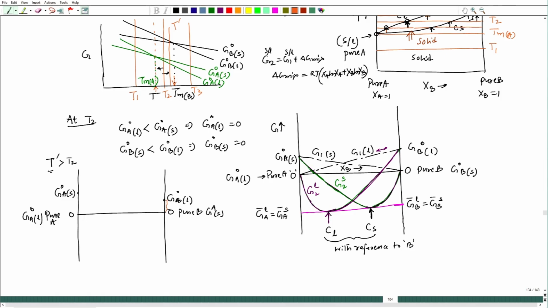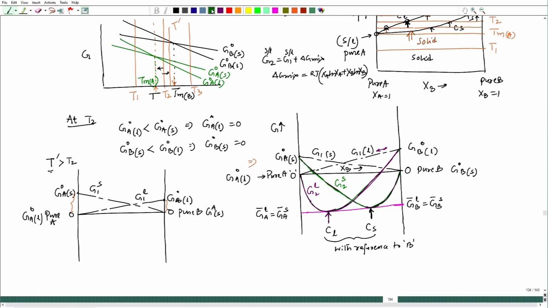So, that gap decreases and this gap increases compared to this one. Okay. Now, if I look at G1, this would be my G1 liquid and the other one was the solid line, G1 solid.